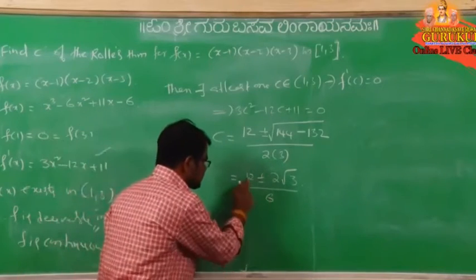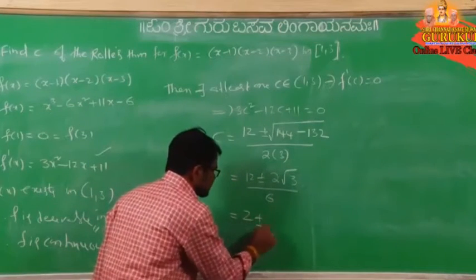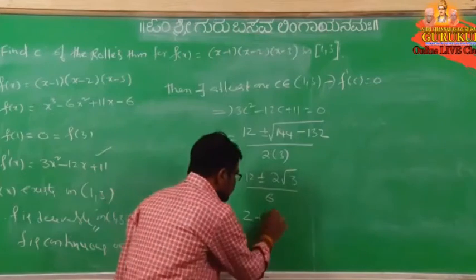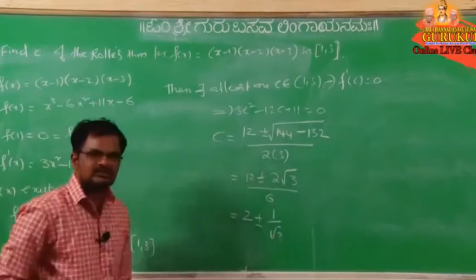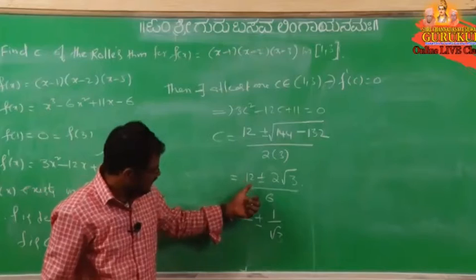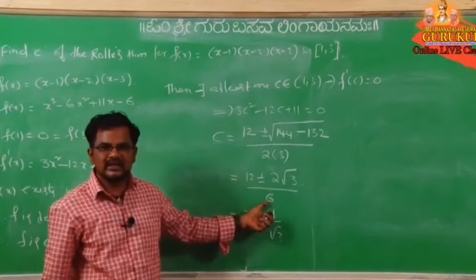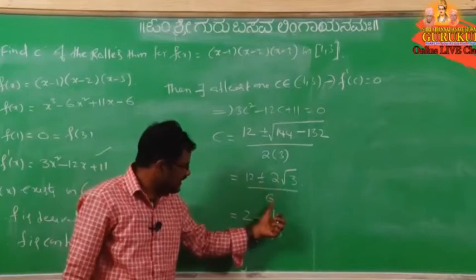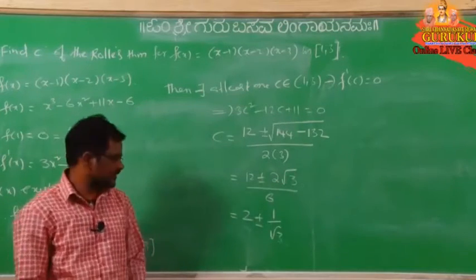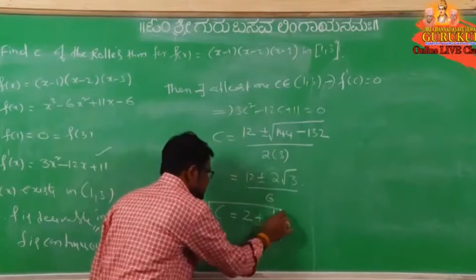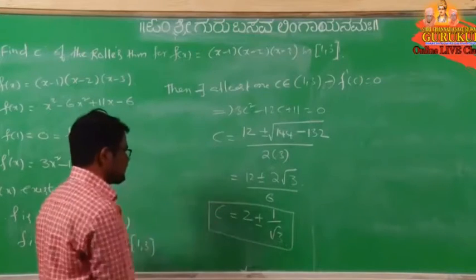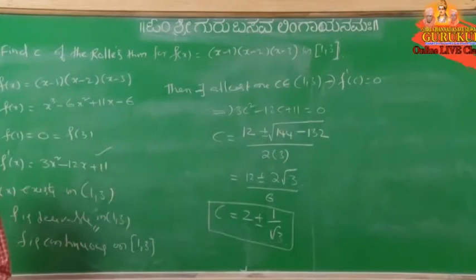So here I will write this as 2 plus or minus 1 by root 3. See here, 12 by 6 is 2, and here 2 by 6 is 1 by 3, root 3 by 3 is 1 by root 3. This is c equal to 2 plus or minus 1 by root 3.